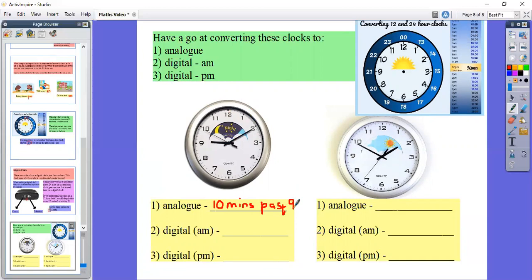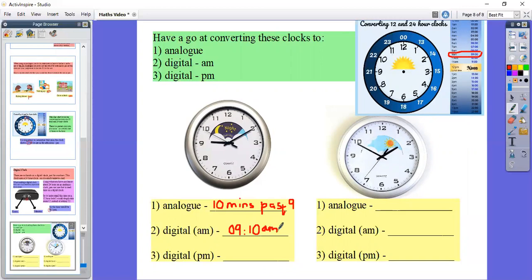And then on a digital clock in the AM it would be 09. Looking at my sheet over here, I know 9 AM is just like this: 09, and then there are 10 minutes, so colon 10. If you want to, you can write AM here, so you're very sure.